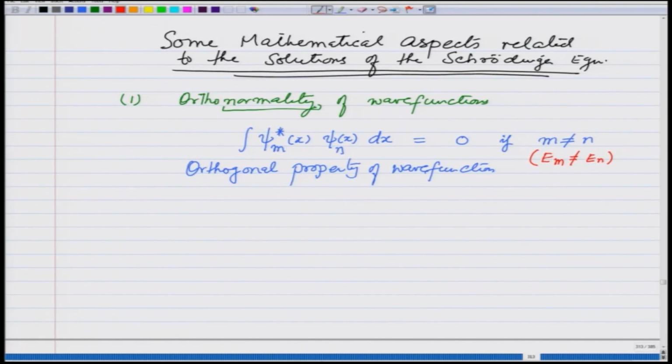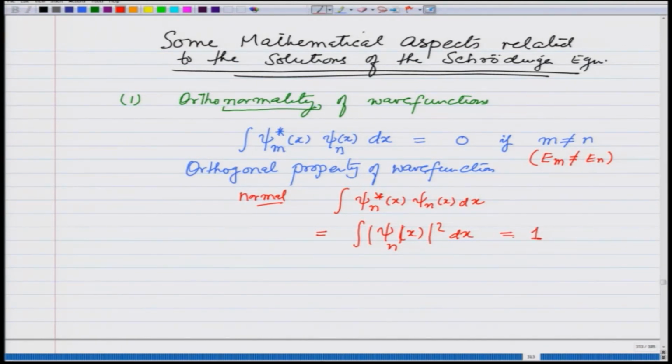Normal means, and that I will explain as the second point, that for the same n, the integral of psi n star x psi n x dx, which is equal to the integral of mod of psi n x squared dx, is going to be 1.